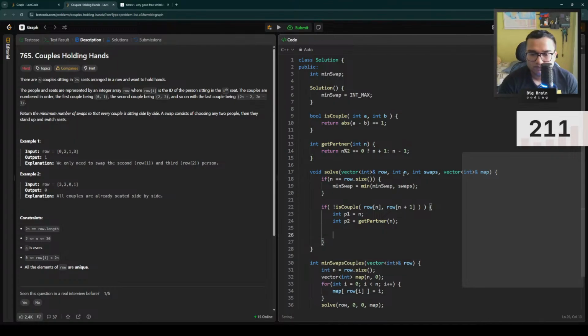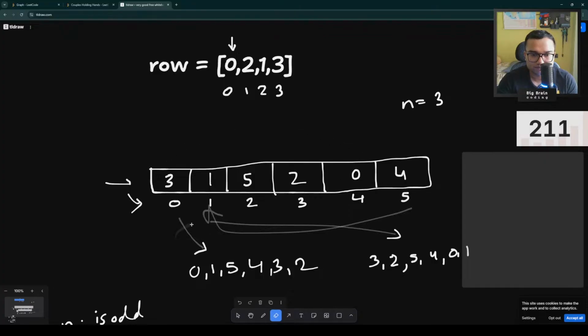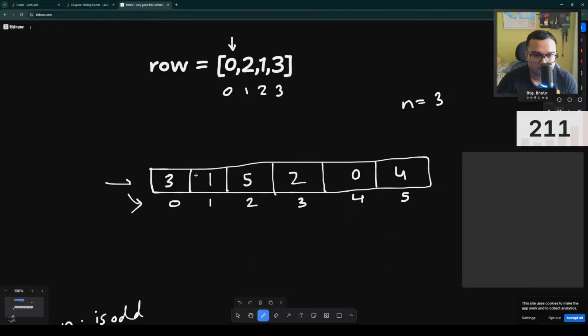Okay. Move p1 closer to p2. Okay, now there is one more call. I am moving 3 to 2. Now this is obvious, but let's say 2 was here and 4 was here. Now what happens? Partner of 3 is not here, so where should I move to move 3?